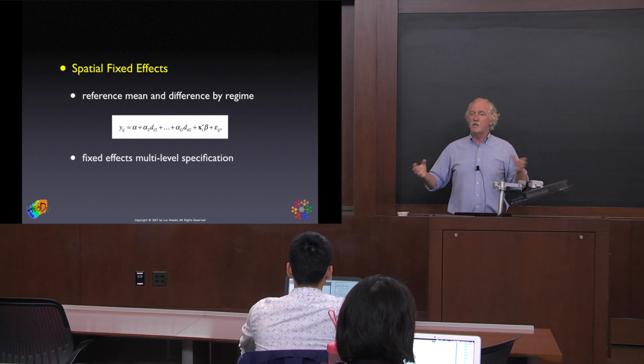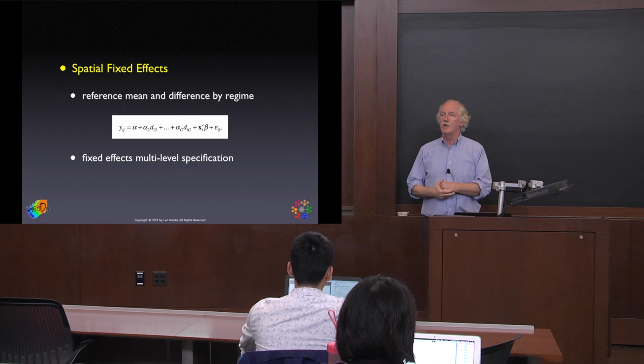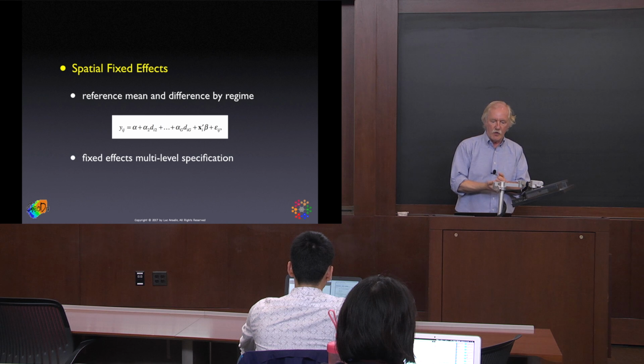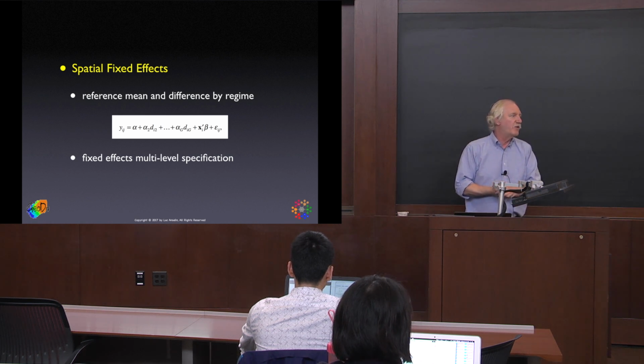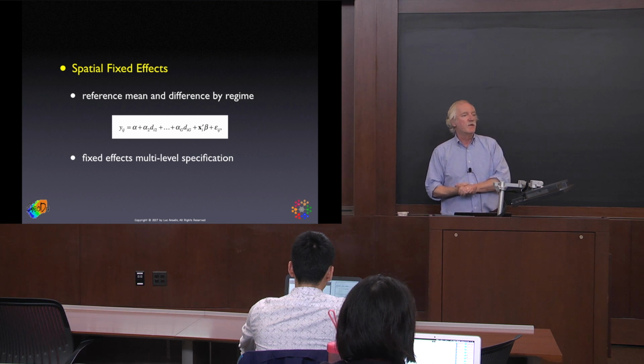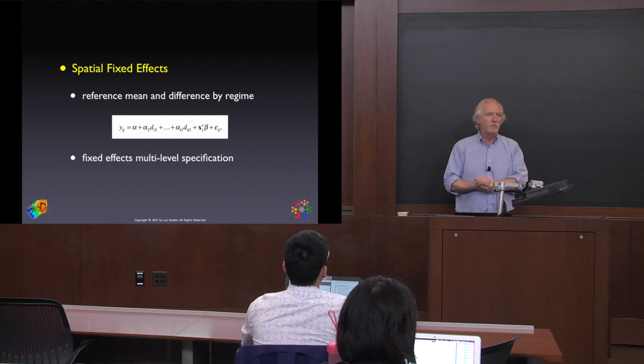So one easy way to deal with this is just give each census tract a dummy variable and you're done with it. And this is called spatial fixed effects. And if you have a multi-level specification, that's the non-pooling solution.